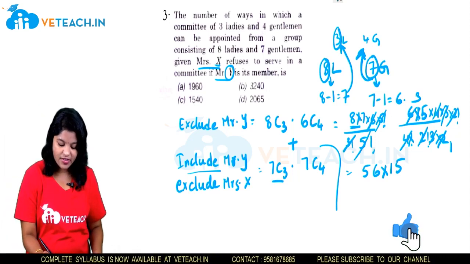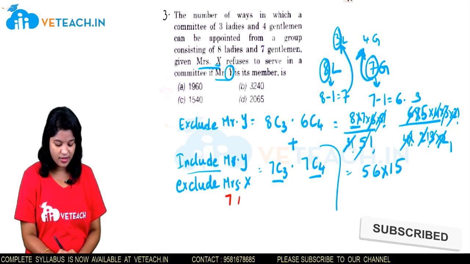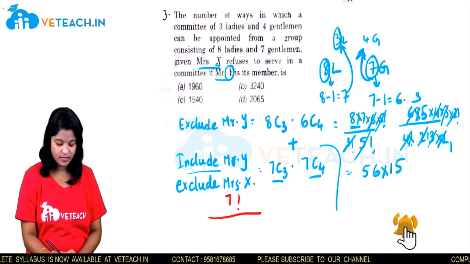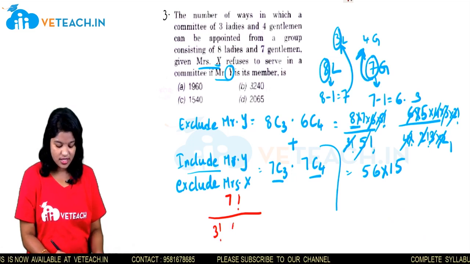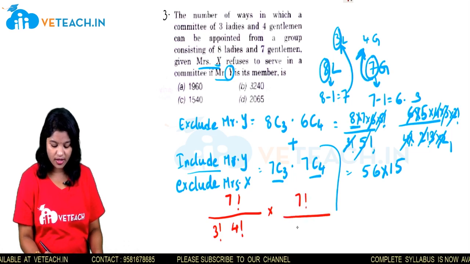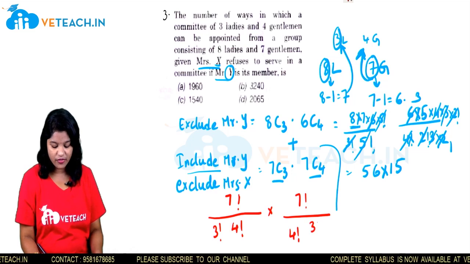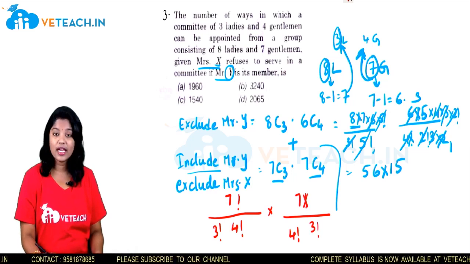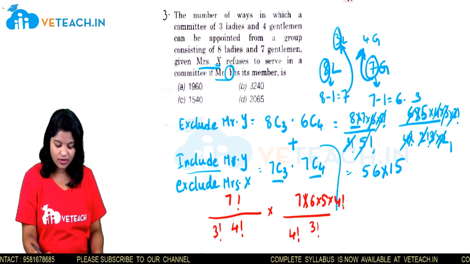Now calculate 7C3 and 7C4. So 7C3 can be written as 7 factorial divided by 3 factorial into 7 minus 3 factorial, that is 4 factorial. Here also 7C4 is 7 factorial by 4 factorial into 7 minus 4, that is 3 factorial. So 7 factorial can be written as 7 into 6 into 5 into 4 factorial.